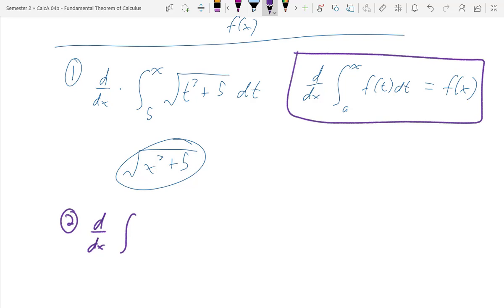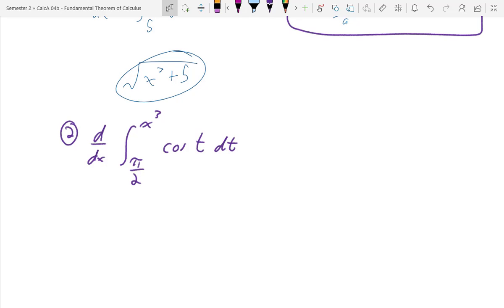Okay, let's do a derivative of this. Lower limit is pi over 2. Upper limit is x cubed. Cosine t dt. And I'm doing a derivative of this. The parentheses should kind of give you a clue as to something that also needs to happen in this particular case. You can.